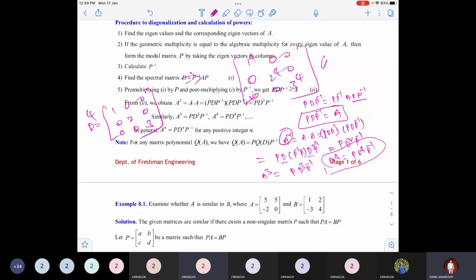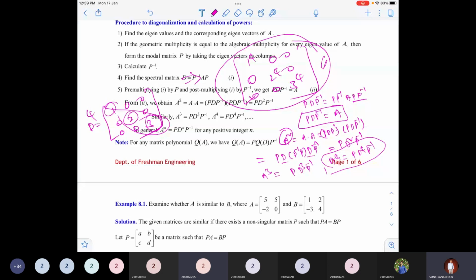To find the powers, we only need the principal diagonal elements, so it is very easy. For a general 3 by 3 matrix, finding power 4 is somewhat difficult, but here it is a diagonal matrix, so we just need to take the power of the principal diagonal elements.